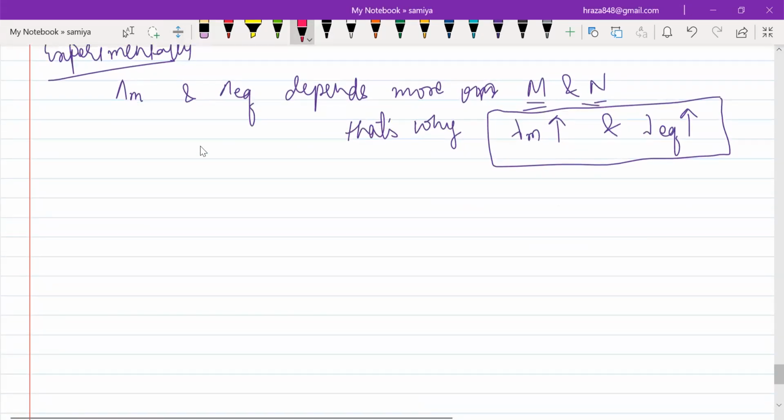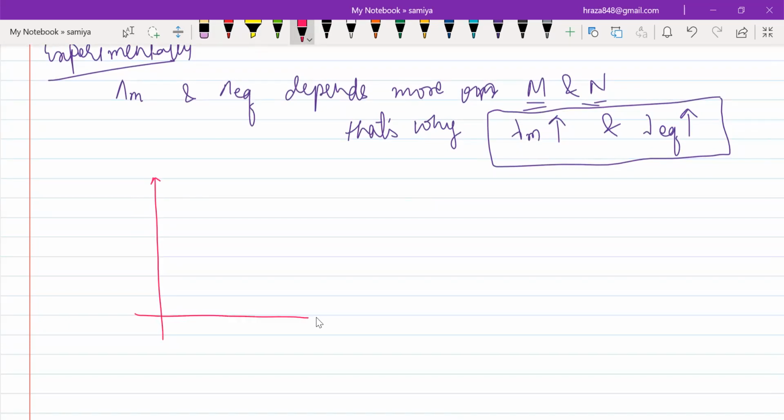Now see the graph I am plotting. You will see the variation for weak as well as strong electrolyte. This is lambda m, molar conductivity, in Siemens centimeter square per mole, and this is concentration raised to the power half, that is also written as under root C. C is for concentration, molarity, and its unit will be mole per liter raised to the power half.